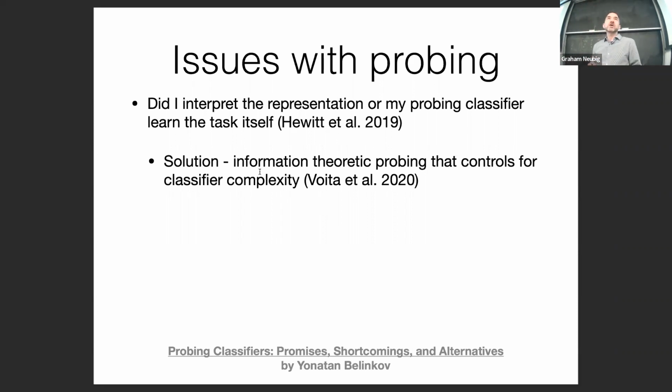There's a couple of ways you could do this. One way is training the model on progressively more data points and observing the area under the learning curve. If that area is higher, then the probe is probably more successful.